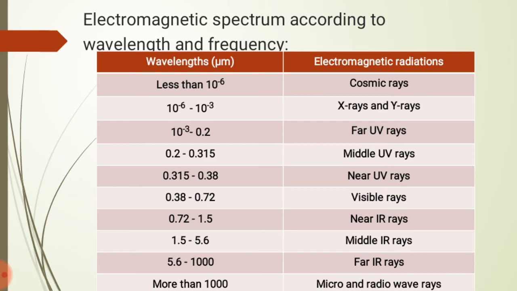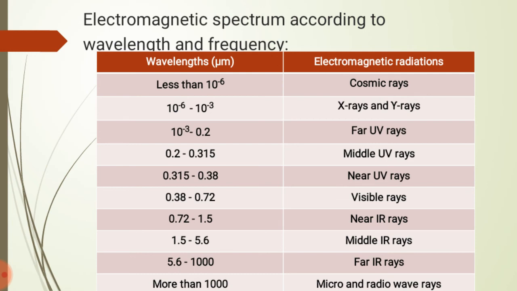There is also frequency and energy, but if we know the wavelength of the electromagnetic radiation, we are able to calculate the frequency with the help of the relation c is equal to nu lambda, and after that if we know the frequency, then we are able to calculate the energy with the help of the formula E is equal to h nu, where h is the Planck constant, which is a constant.